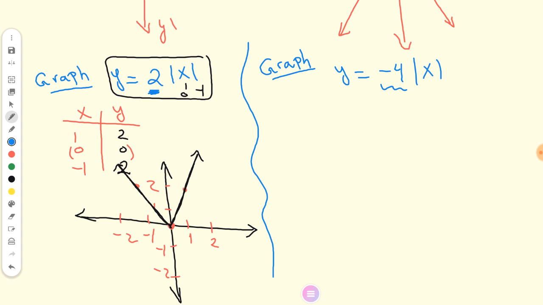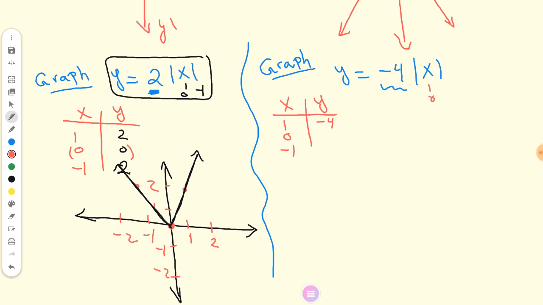That means the V opens down. I will make, as I said, a small table, x and y, with 0, 1 and -1. After that, just replace x with 1, 0 and -1. Here 1: the absolute value of 1 is of course 1. 1 multiplied by -4 is -4. Okay, 0.